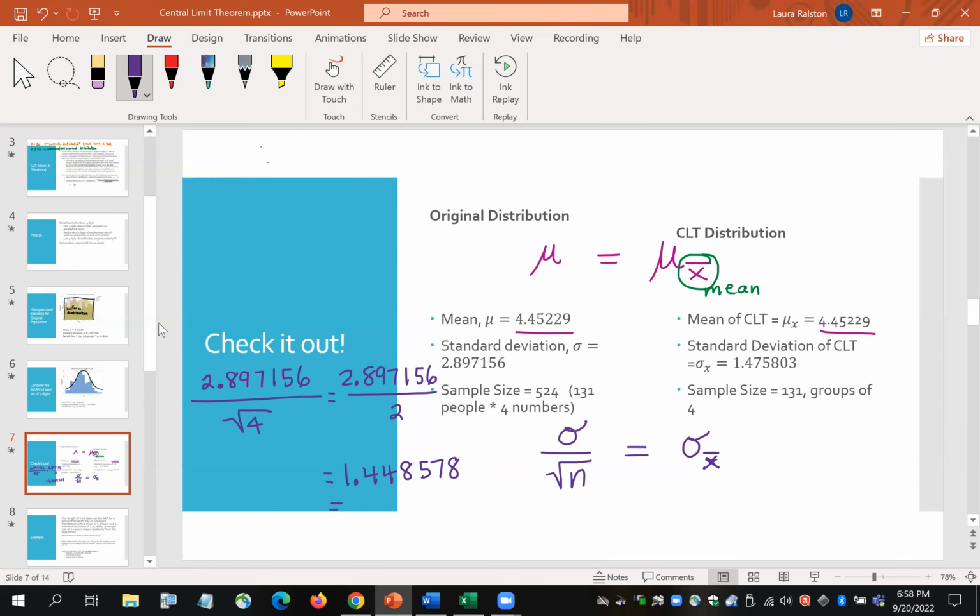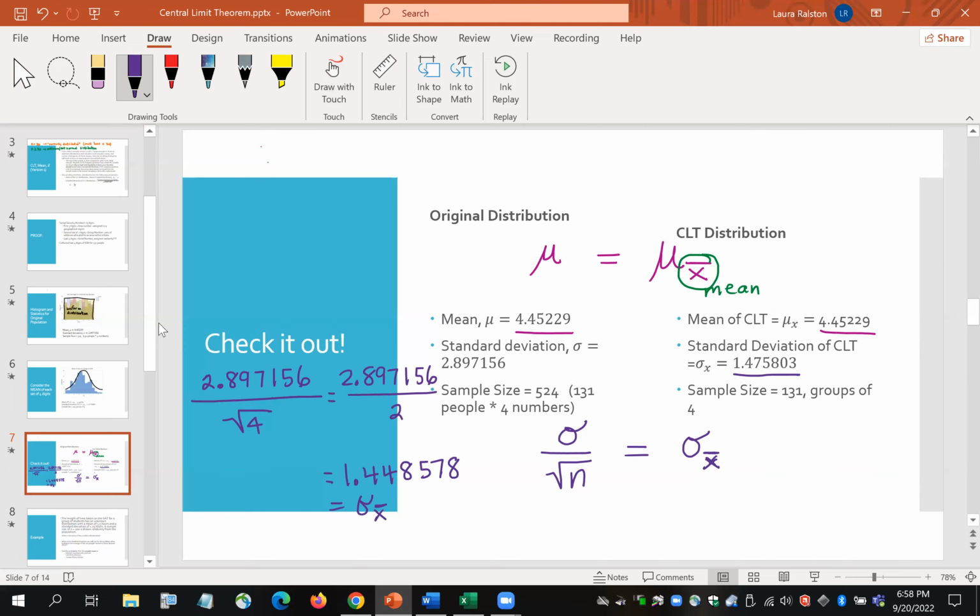So that would equal the standard deviation of the central limit theorem. Now, if you notice, the number that we got over here is a little bit off from that. But guys, I'm still in the ballpark. So the central limit theorem works. I've just proven it to you.